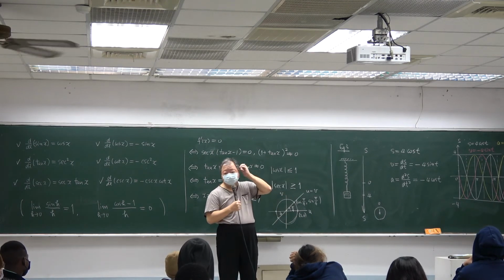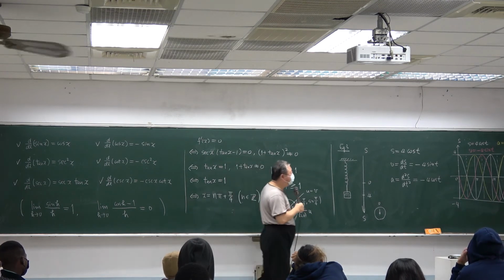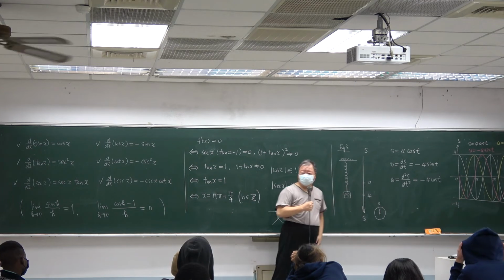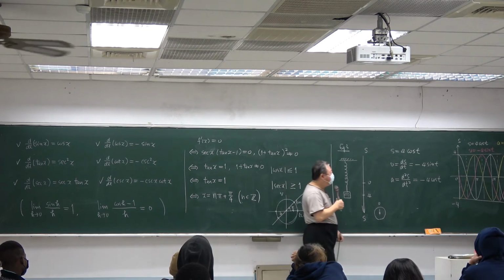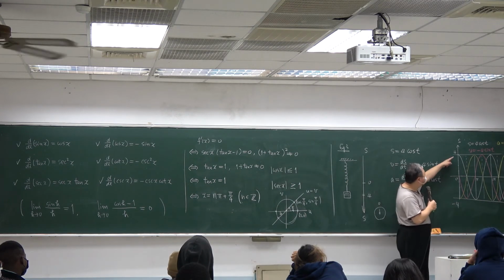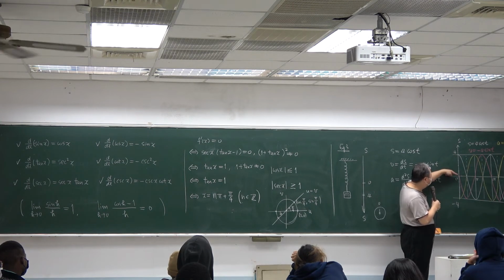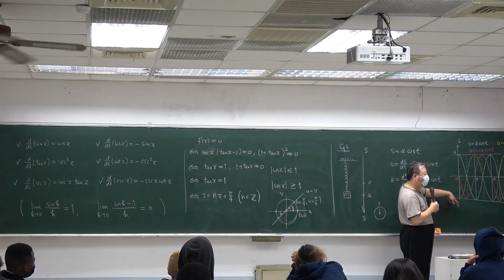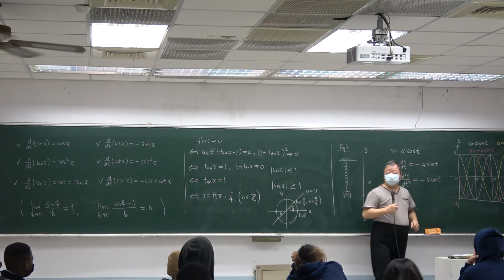So I think everything you can read from this graph. For example, here the velocity is 0 and the acceleration is at its maximum, minus 4, I mean the size of the acceleration.